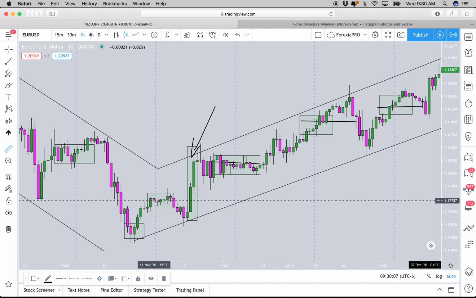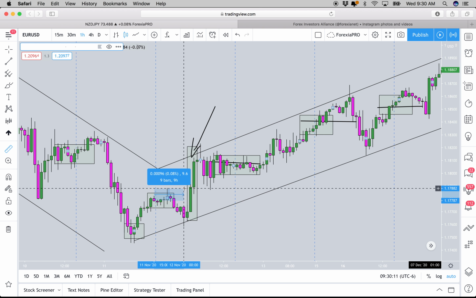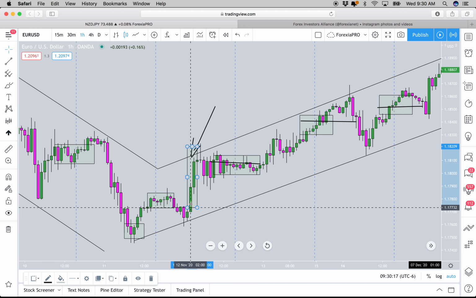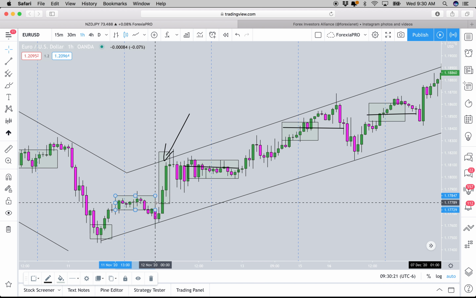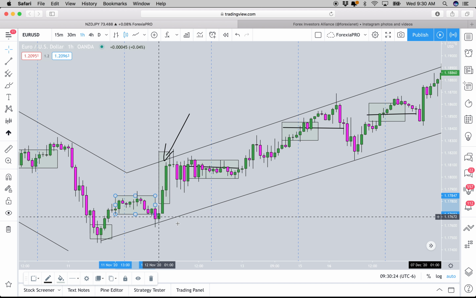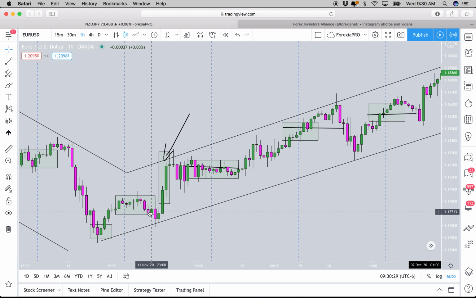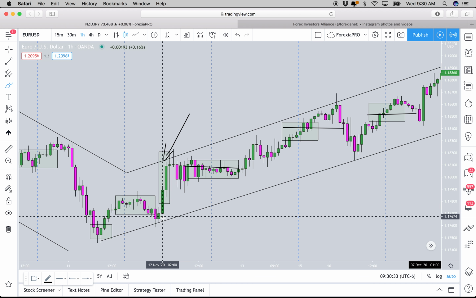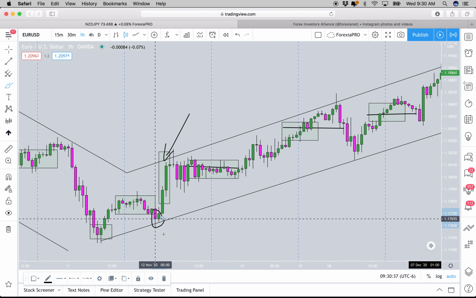Start of the day, we can see there's pretty obvious consolidation. 10 hours in, right here, this exact candlestick, notice, that's the candlestick that broke out of that consolidation. 10 hours later, opening of London session.